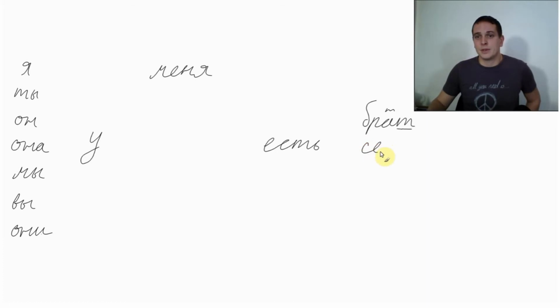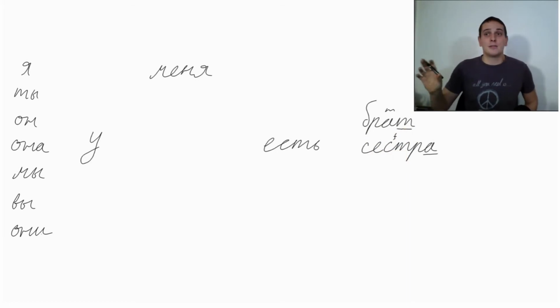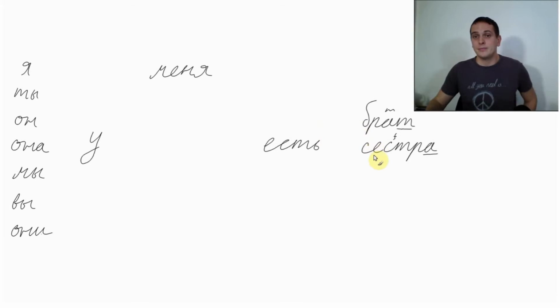Сестра, брат, сестра. Сестра ends in a, it is feminine. As well as brother, sister and сестра have some sound similarity with English. For neutral, let's take письмо. Письмо is letter, ends in o, meaning it's neutral.